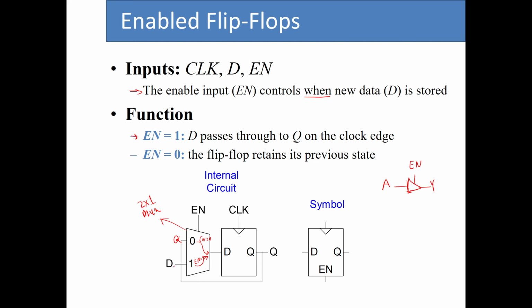So this input is connected to the data that we want to be stored. So when that happens, this data will be selected in this multiplexer and will be delivered to the data input of the flip-flop.